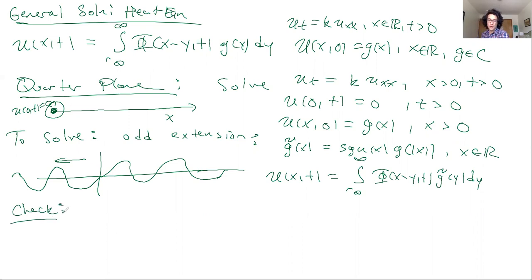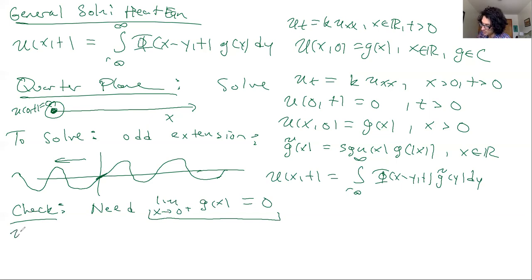Now, we want to make sure that this worked, okay? And in particular, we need that the limit as x goes to 0 from above of g of x is equal to 0, okay? So if we want sort of nice continuity and everything, then we need this additional condition. Otherwise, our g tilde is not going to be continuous. So that's why it has to cross through 0 at 0 here, okay? So that's the only other thing that comes into play here.